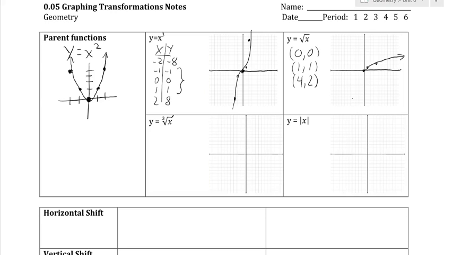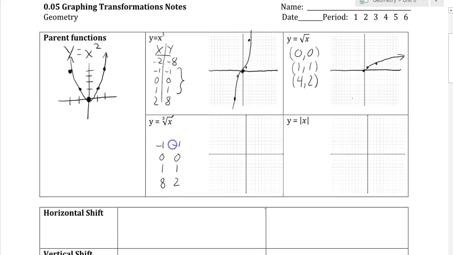The cube root of x is tied to x cubed in the same way that the square root of x is tied to x squared. And so the points that we're going to use are (0, 0). Cube root of 1 is 1. Cube root of 8 is 2.